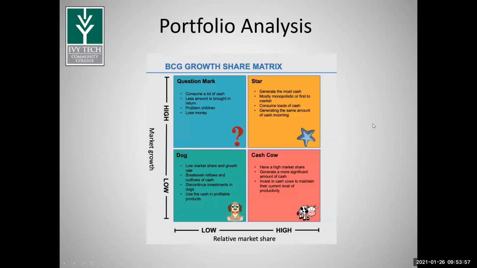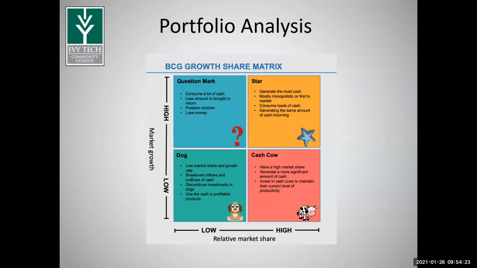This is another way of looking at it. Your question marks are going to consume a lot of cash. You don't get a lot of return. They can be problem children. They can be money losers, and so those are the characteristics. Whereas a star is generating the most cash. If you're the first one into the market, you're almost like a monopoly, at least until others get in there.